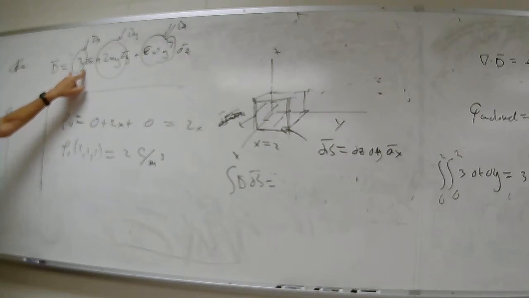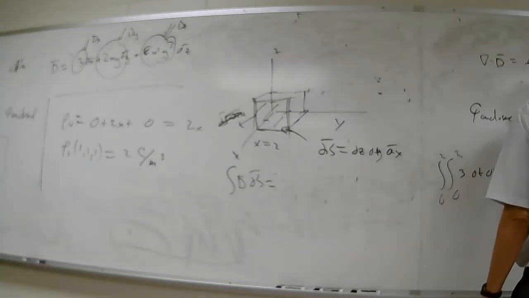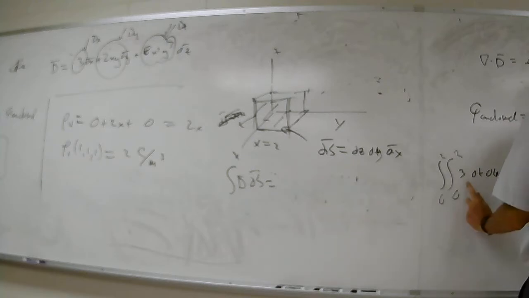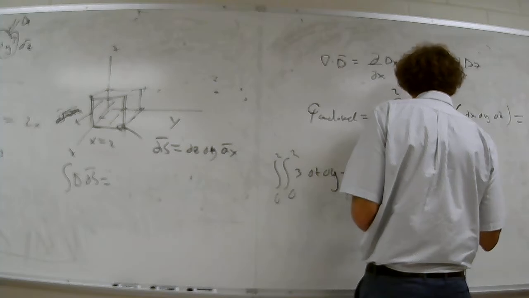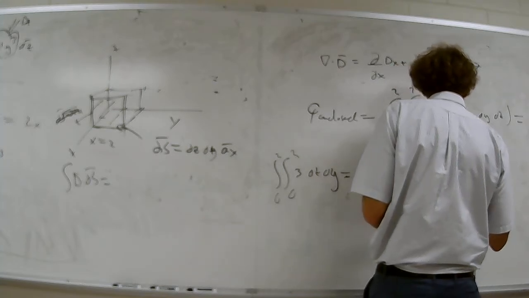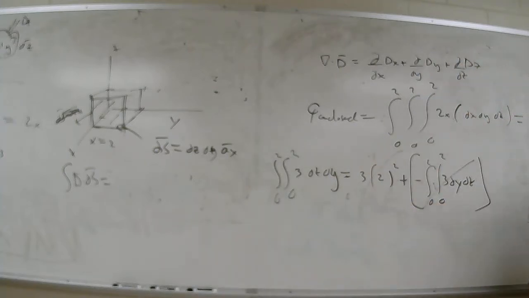So it's minus the same thing as this, 0 to 2, 0 to 2 of 3 dz dy. It doesn't matter the order. These two will cancel. Y'all follow me on that?